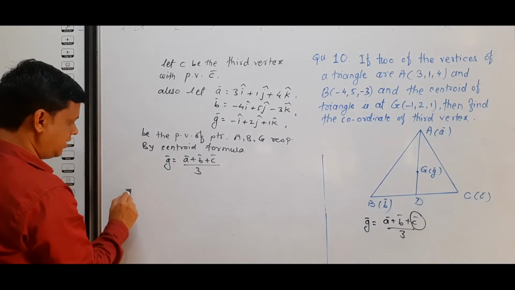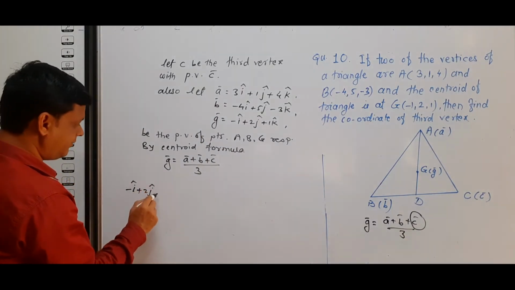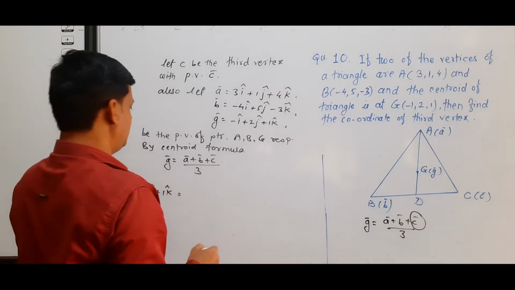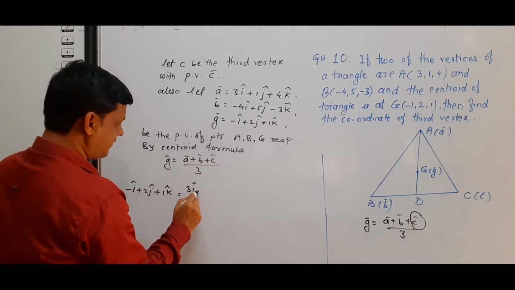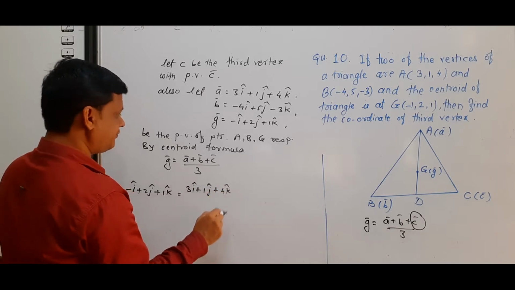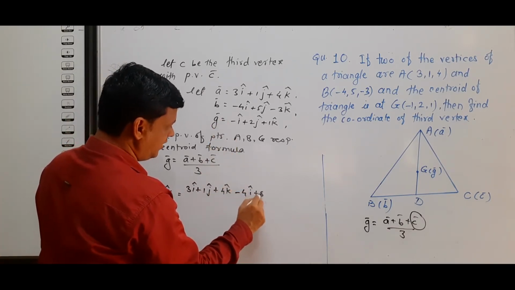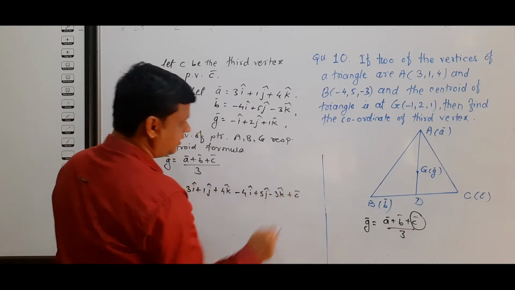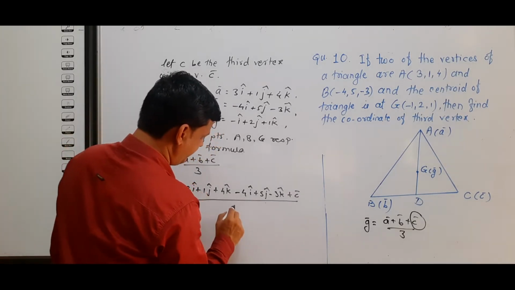So we write here minus i cap plus 2j cap plus 1k cap equals, vector A bar is 3i plus 1j plus 4k, B bar is minus 4i plus 5j minus 3k, and vector C bar we have to calculate, upon 3.